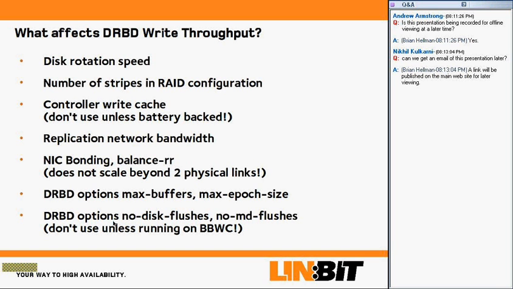And max epoch size is the maximum amount of data that we allow between 2 write barriers. Those should basically always be configured to the same value. For fairly obvious reasons, it always makes sense for the secondary to be able to receive just as much data on the replication link as it will write to the disk in one fell swoop.